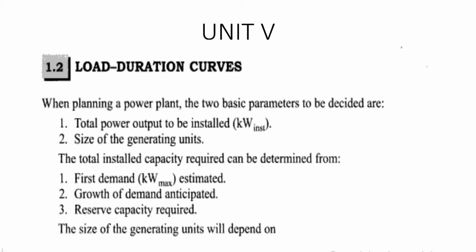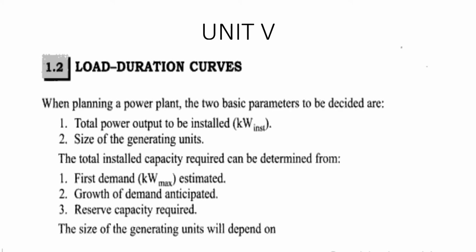The demand, we have to estimate: how many houses are there, or how many industries' demand we have to calculate. We have to do a complete survey. What will be the demand during the peak hour? Based on that, we have to decide the capacity of the power plant. And we will consider the growth of the demand in future, how it will get expanded.